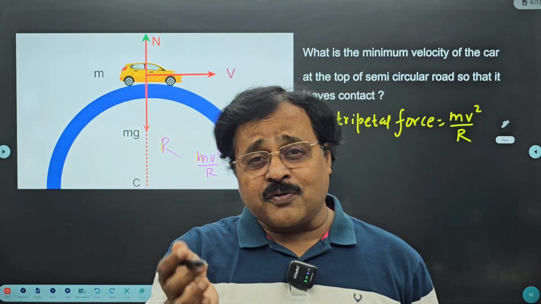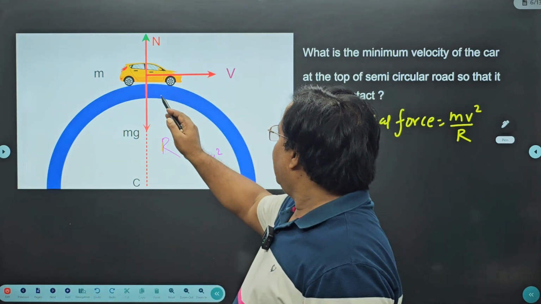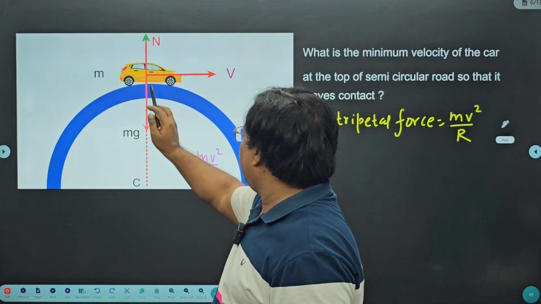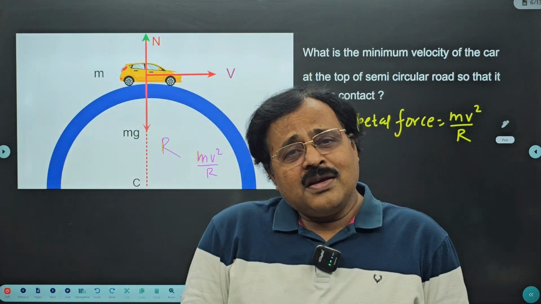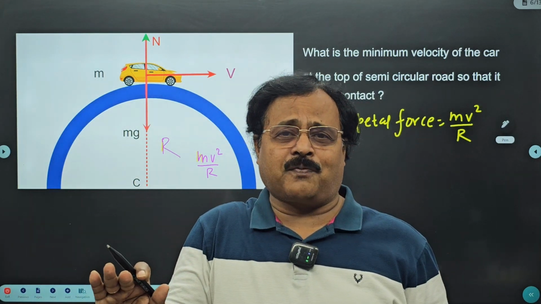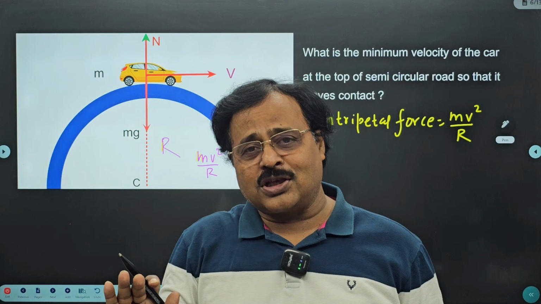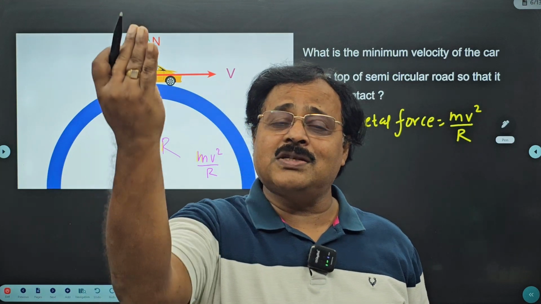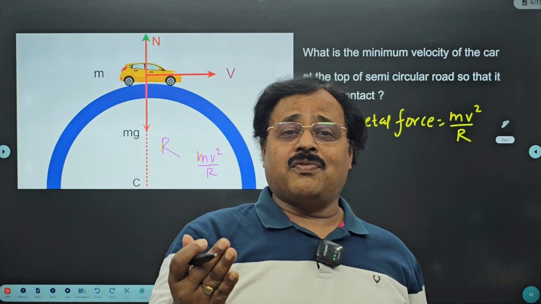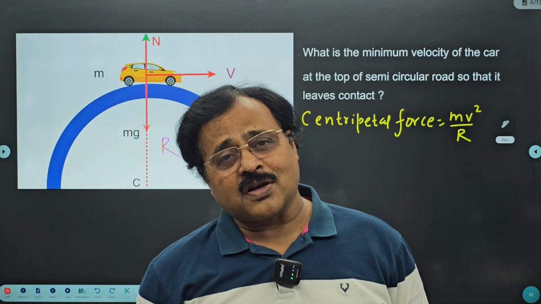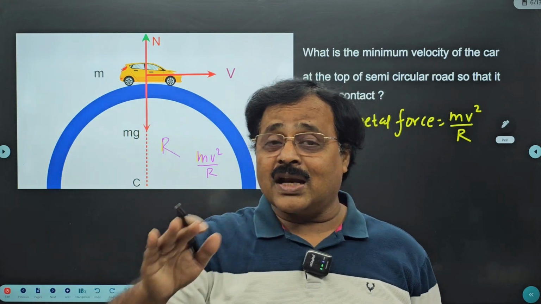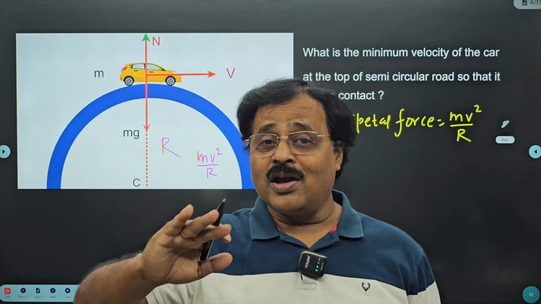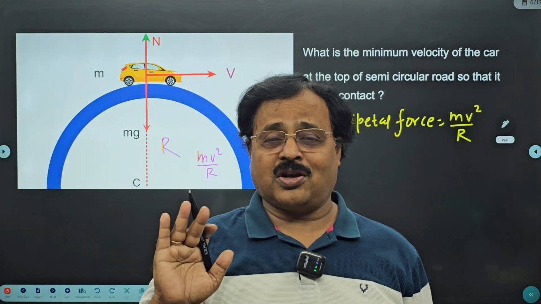Normal reaction is the force exerted on this body due to the surface. If a body loses contact with the surface, it cannot give a reaction force. It means when a body leaves contact with the surface, the normal reaction is 0. It means here this semicircular road cannot provide a reaction.